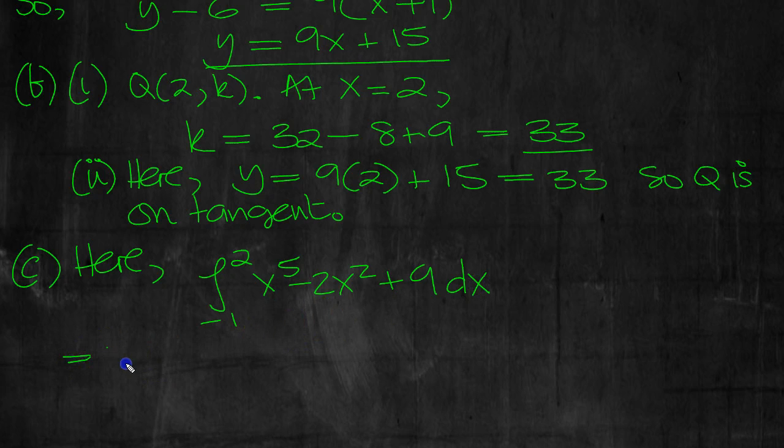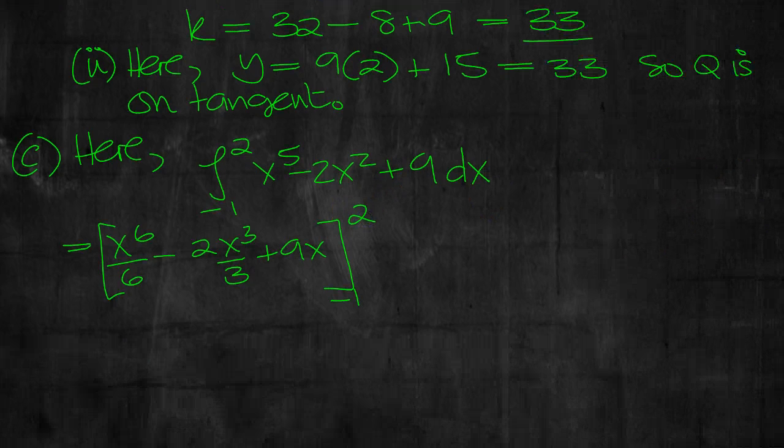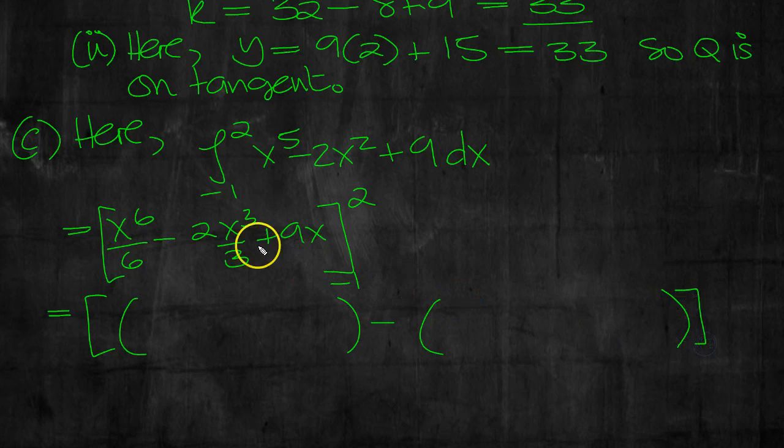Well, that's equal to then x to the 6 over 6 minus 2x cubed over 3 plus 9 lots of x. That needs to be worked out between minus 1 and 2. So that's equal to then, put 2 in, 2 to the 6, there's a 2 underneath, so that's 2 to the 5, 32 over 3, isn't it?